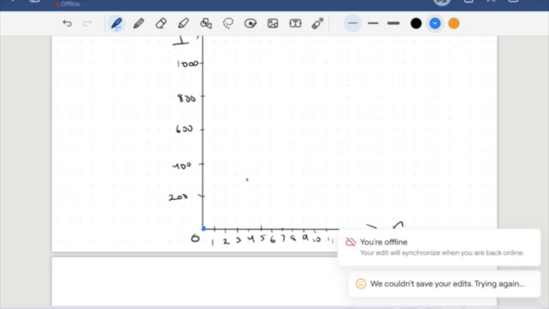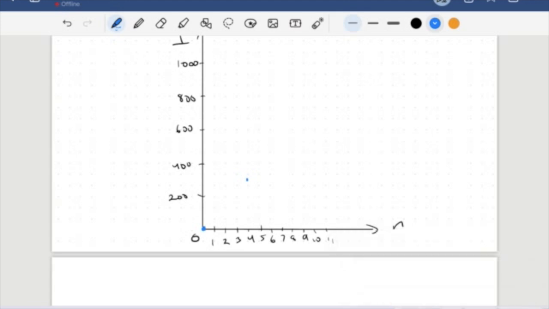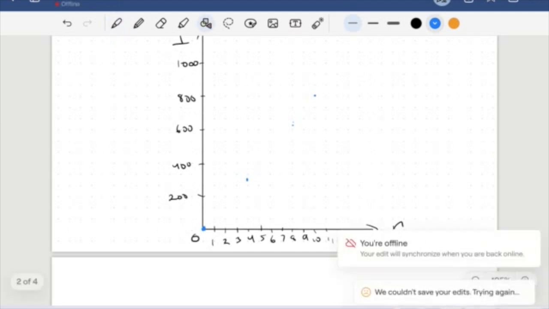Let's say that's around here. Hopefully you can see that dot. And at 10 years, we're going to have 800. So I'm going to line up my 800 with my 10 here. And when I eventually go through and draw this, we're going to see actually a straight line.